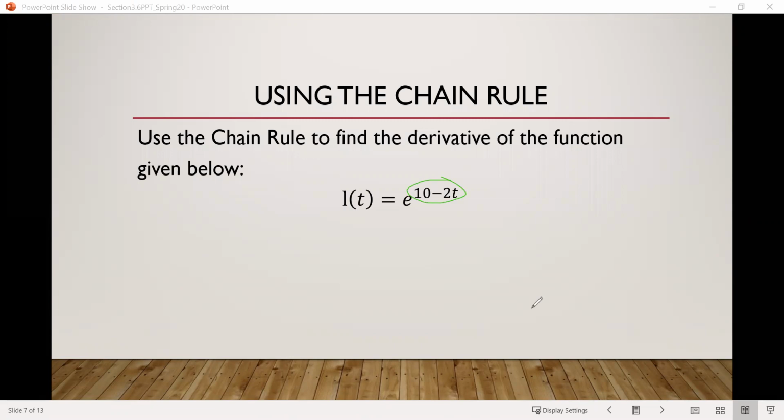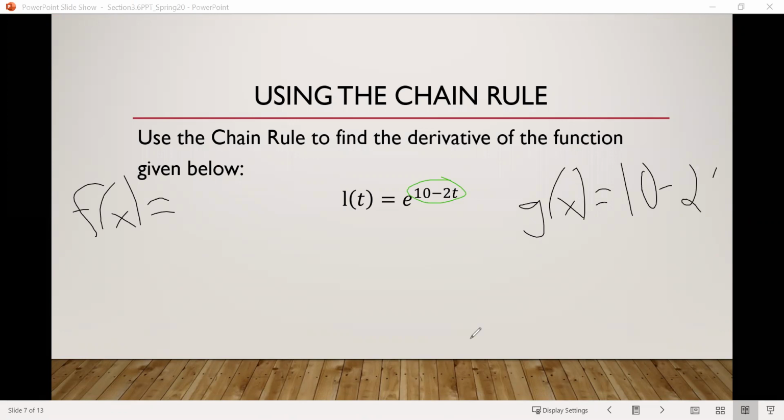And I suppose that could be within a function like e to the x or e to the t, right? So let's identify our functions f and g here. Our g of x will be the inside function, so the 10 minus 2t. Our f of x then would be our outside function, and so in this case it's going to be e to the t, and I realize I'm using f of x and g of x, but our variable here is t, not x.